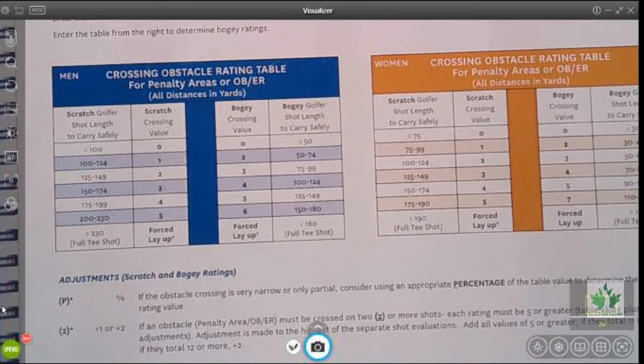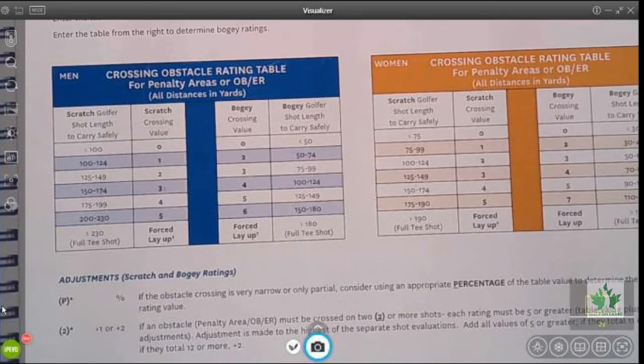And so we no longer had a specific obstacle for water, and we no longer had a specific obstacle for OB and out of bounds and extreme rough. But all the math was done on the basis of having 10 obstacles. So they decided they want to stay with 10 obstacles. So they replaced the 2 that we lost by 2 versions of essentially the same obstacle, the penalty area.